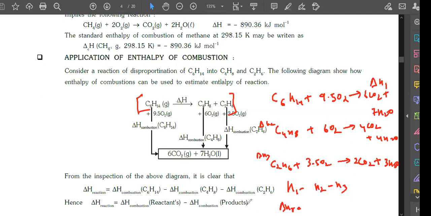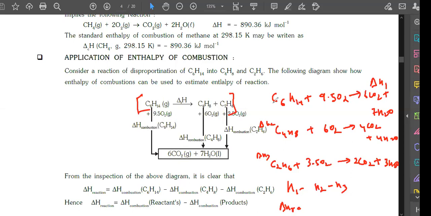Are you getting this concept? It is not an exception. It's just that in this case, we are using Hess law. Got it, everyone? I explained it. This reaction uses Hess law.